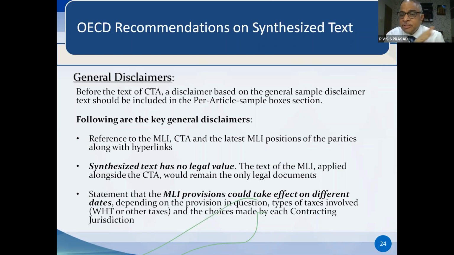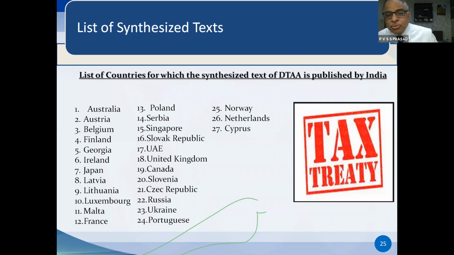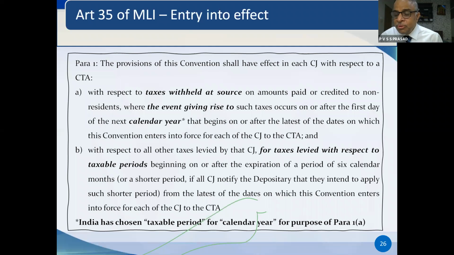You will mention that there is no binding effect of the synthesized text. That's not a legal document, but definitely MLI is a legal document. The existing treaty is a legal document, and the entire process or documents you have is a legal document, but not the synthesized text. And the list of countries with whom we have the synthesized text is as many as 27 as on 8th of June, including Cyprus. We have synthesized text, which you can know by visiting the CBDT website.